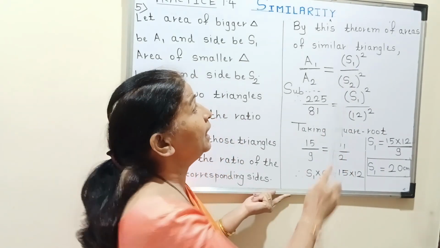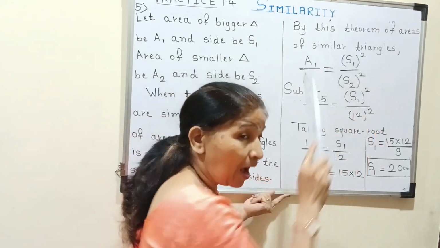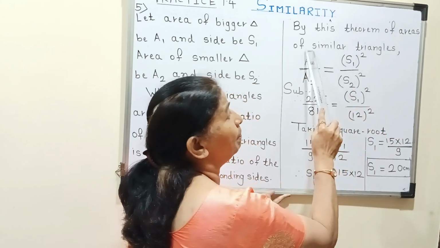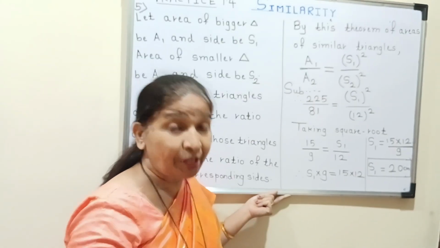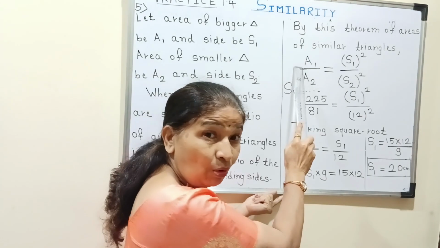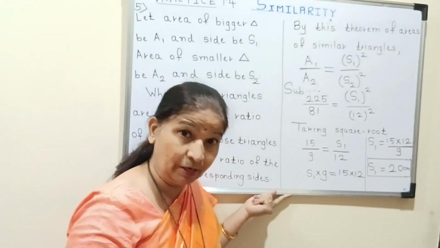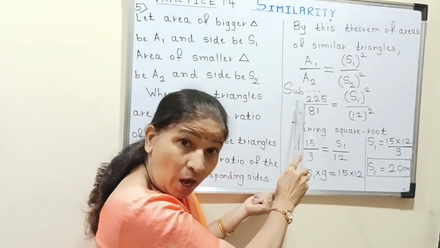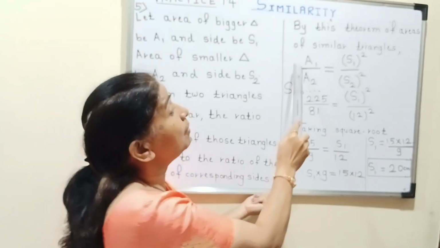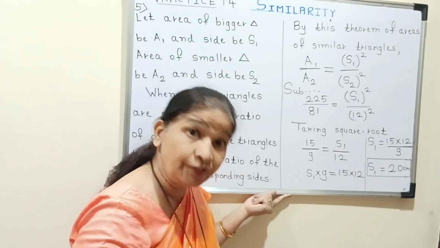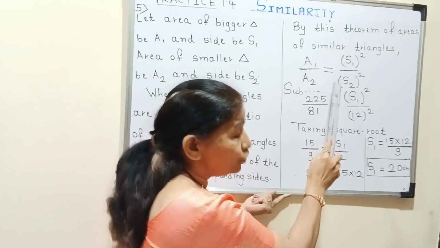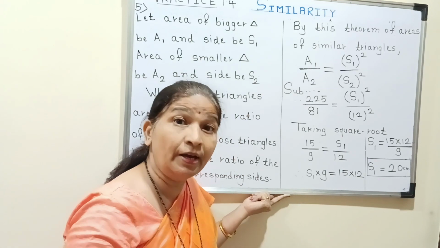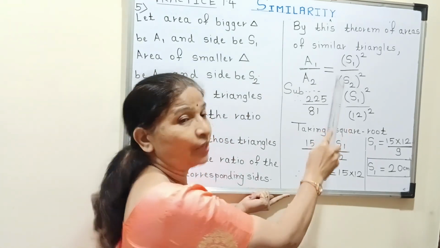Again I am repeating the theorem which we are applying. That theorem is areas of similar triangles. It says when two triangles are similar, the ratio of the areas of those triangles is equal to the ratio of the squares of their corresponding sides.